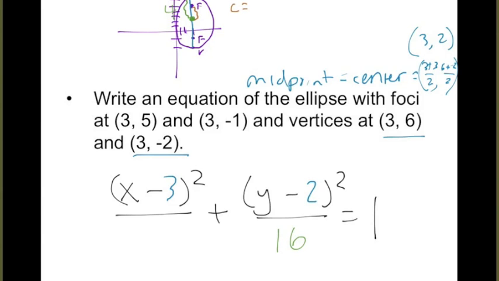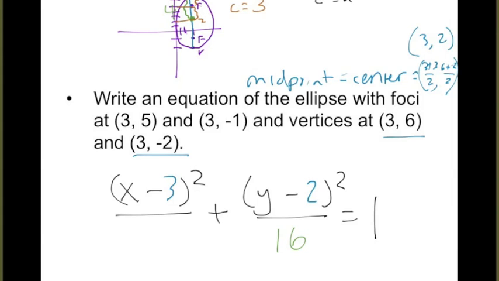c is the distance from the center to the focus. So how far would that be? This was at 3, 2, and this was at 3, 5. So the distance there is 3. And in your chart, you are given an equation about the focus.